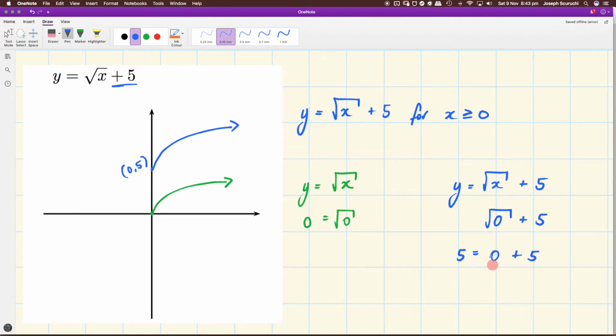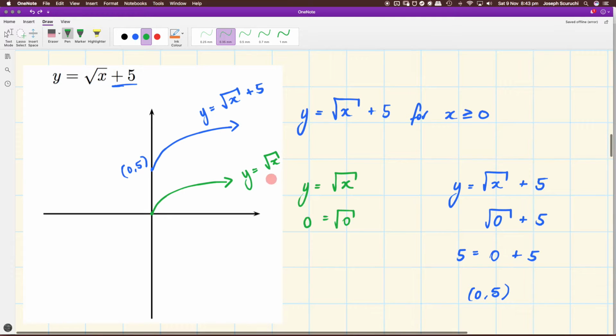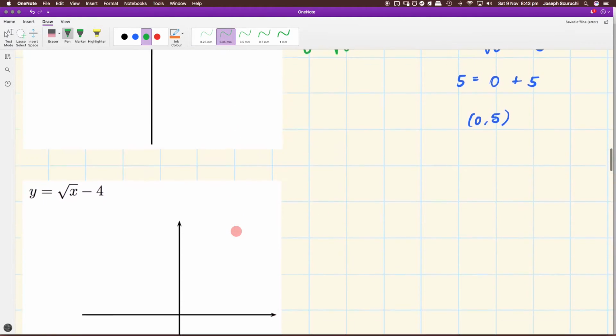So when I put 0 in, I get 5 out. So 0, 5 is going to be my starting place. And that's right here. So this is what happens when we plus 5 to our parent function. We're going to shift it 5 up. Whoops. That one is just the parent function. All right, let's keep going to our next one.